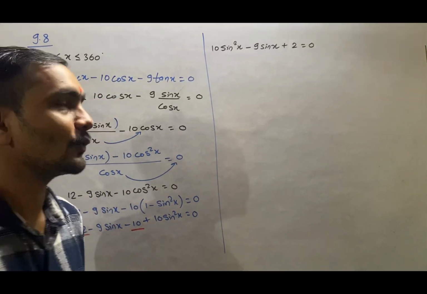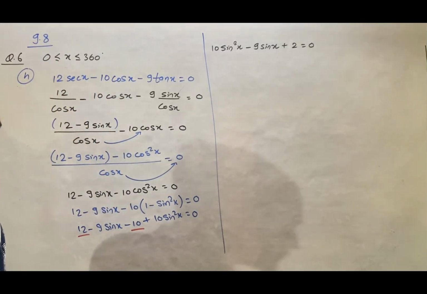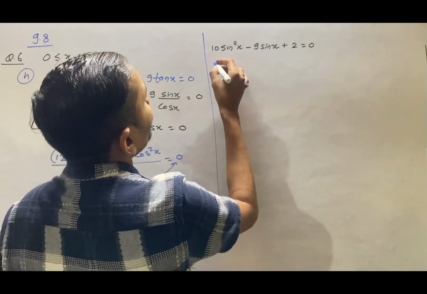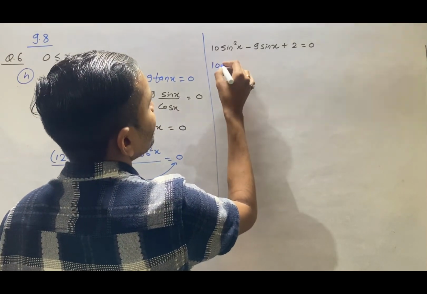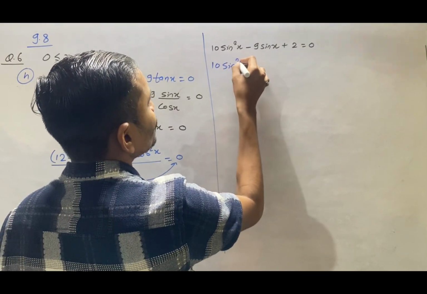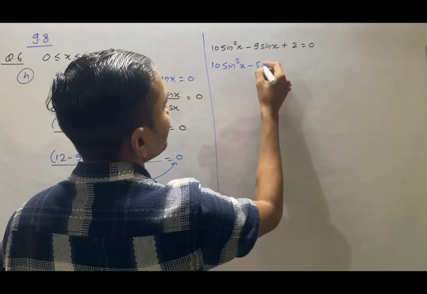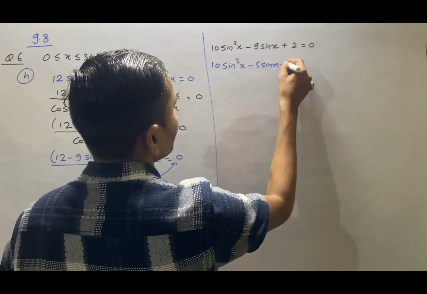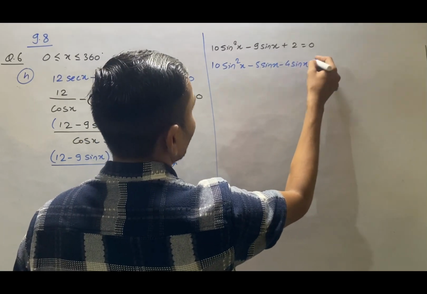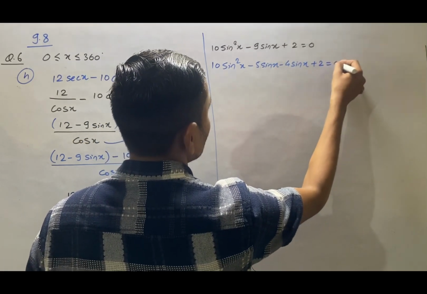So 5 times 4. So 10 sine square of x minus 5 sine of x minus 4 sine of x plus 2 equals 0.